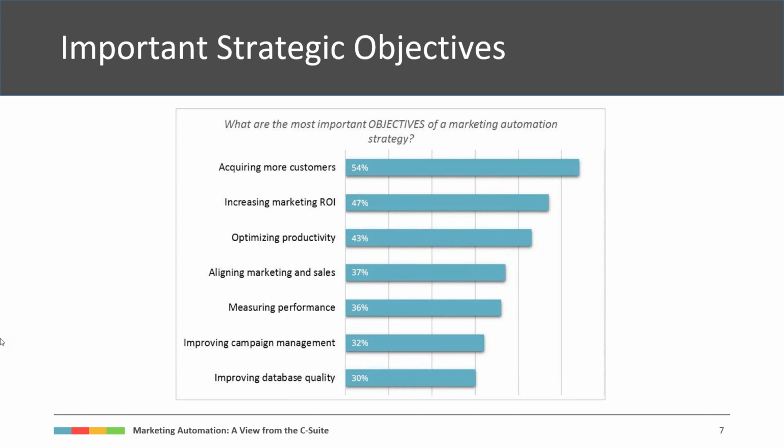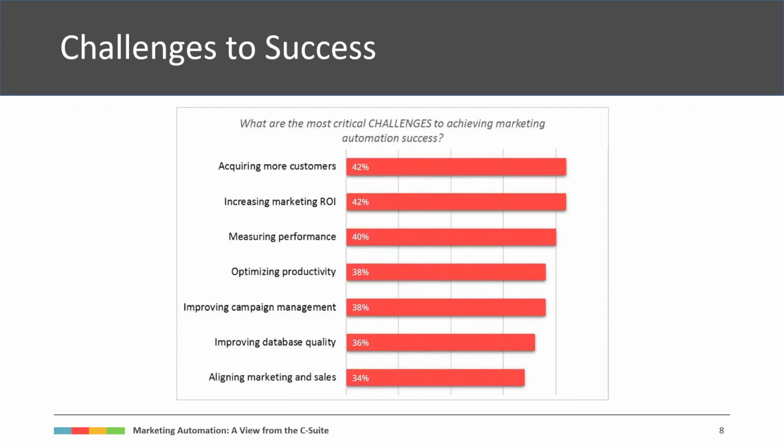So the next component, besides the top objectives, was what were the key challenges. The key thing that came up, number one, was that the number one objective was to acquire customers, and it's also the number one challenge. How do we get more customers in the door?